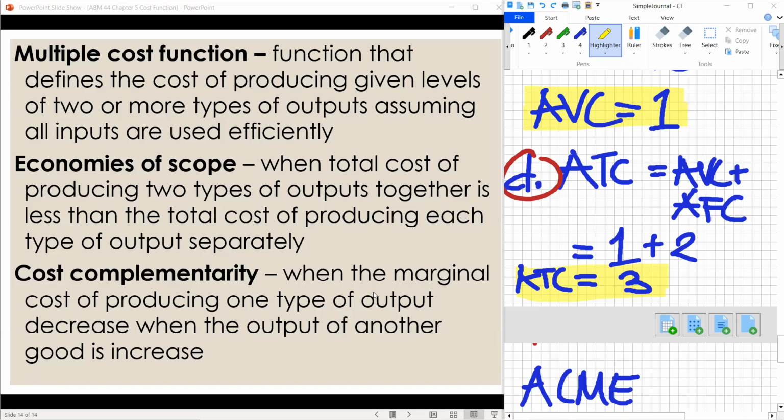So when the marginal cost of producing one type of output decreases when the output of another good is increased, they have a negative relationship, in which when one output is increased, the marginal cost of the other decreases. So that is cost complementarity. They tend to be together in this cost, so they complement one another.